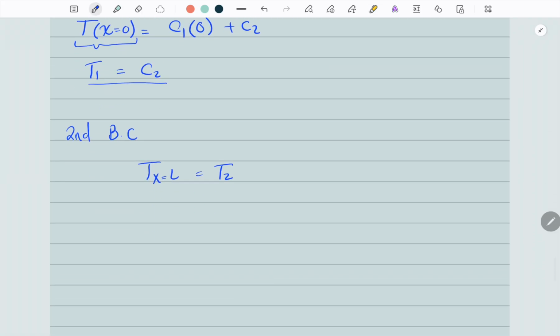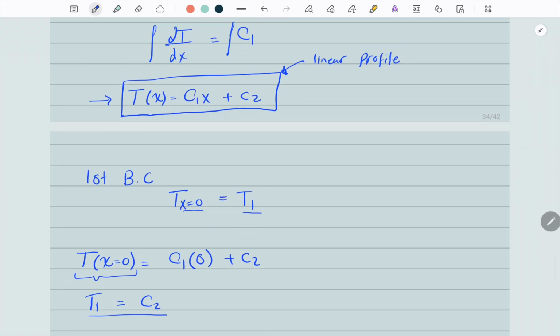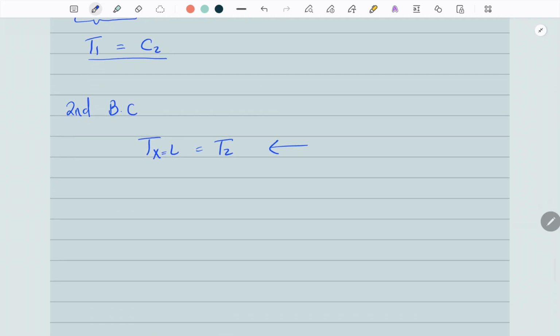You can go ahead and substitute this boundary condition in the original function that we found. Therefore, temperature at x equals L equals L C1 plus C2. We'll change this to T2.